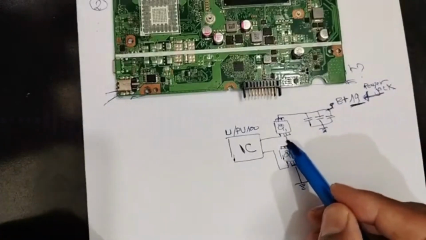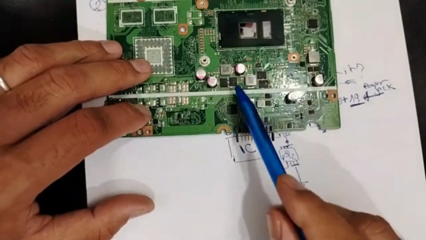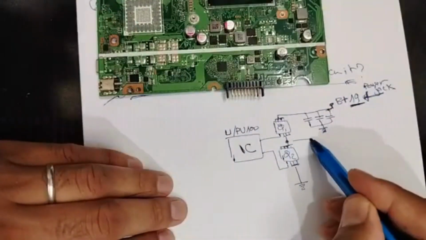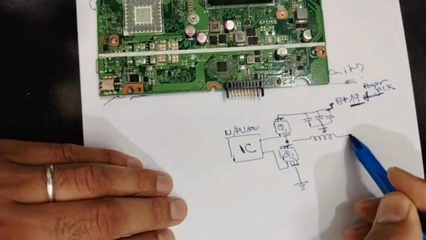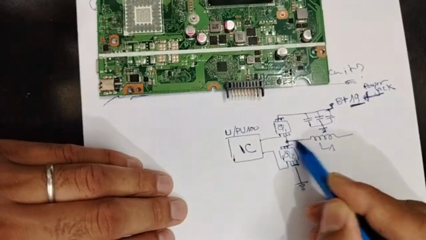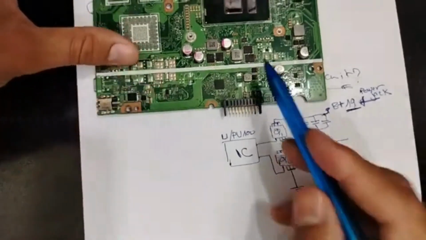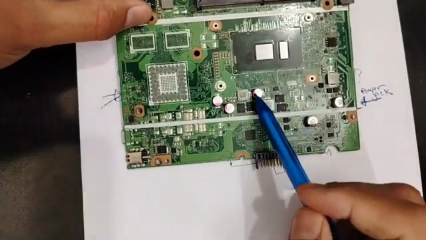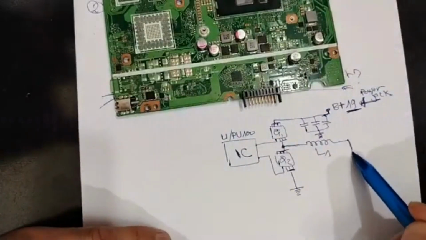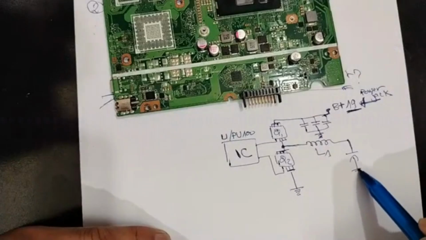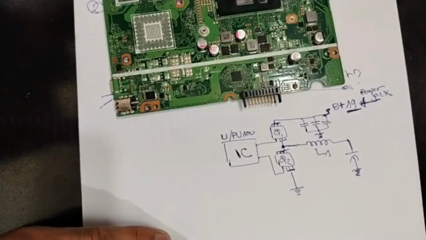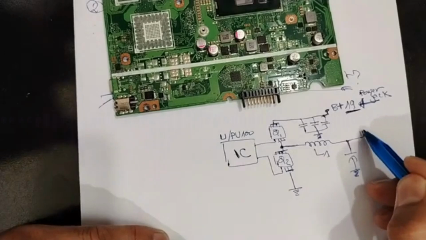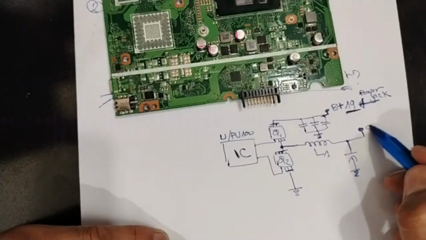So here, basically, these two MOSFETs, as you can see, we always have next to a coil. We have here a coil, okay? This is coil L1, for example. After the coil, my friends, you will find in the output an electrolytic capacitor. Here we have an electrolytic capacitor connected to the ground. Nice. And then we will get here the output. Here we have the output.